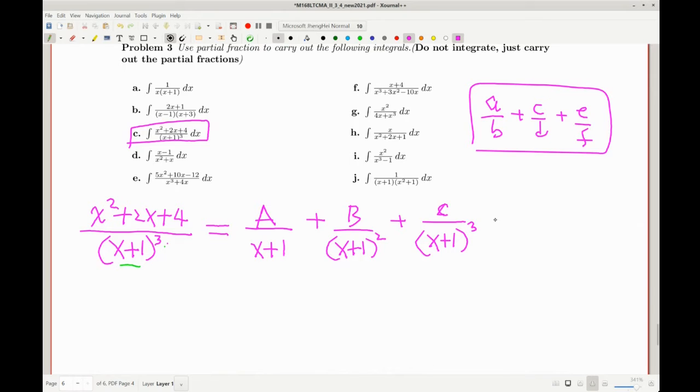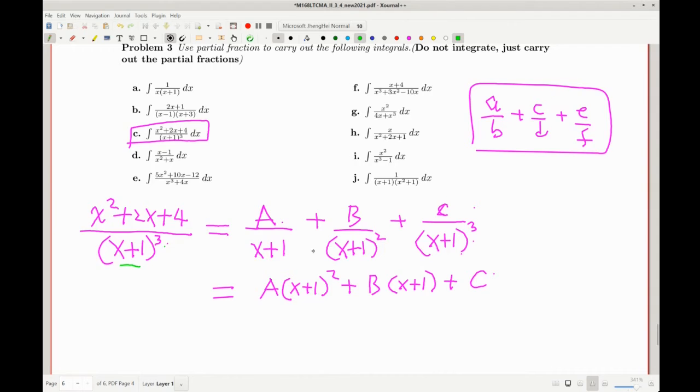And so the way we do this, let me write it in this line, is to take a and multiply the top and the bottom by this denominator, x plus 1 cubed. And so this becomes a, what is left is x plus 1 squared, plus b, what is left is x plus 1, and plus c, and what is left.